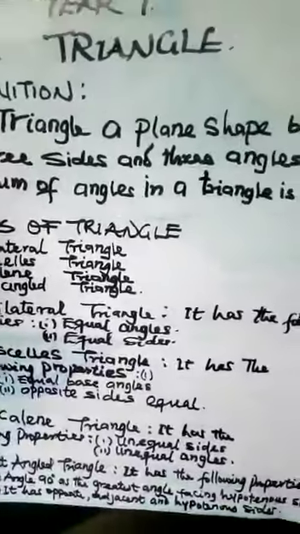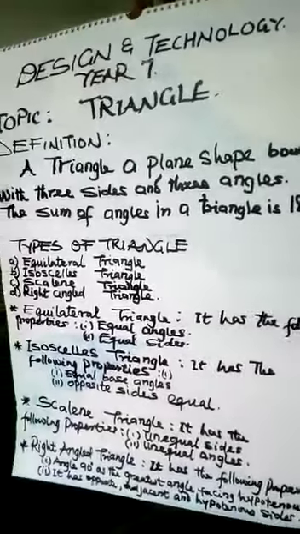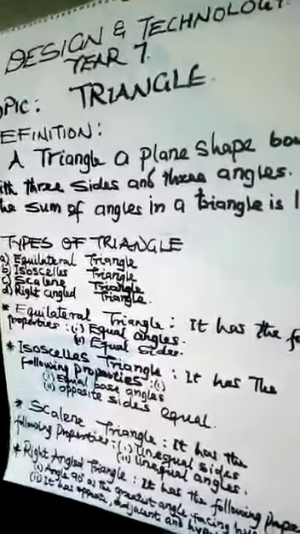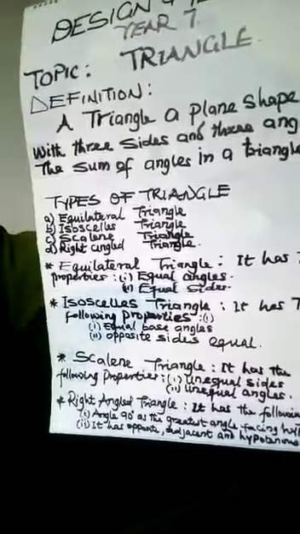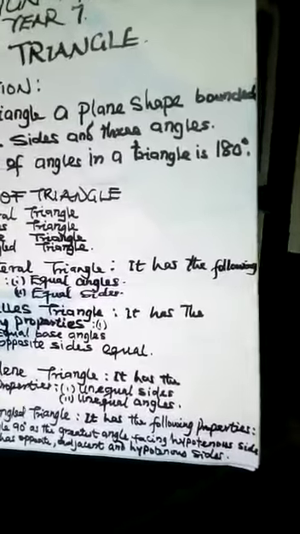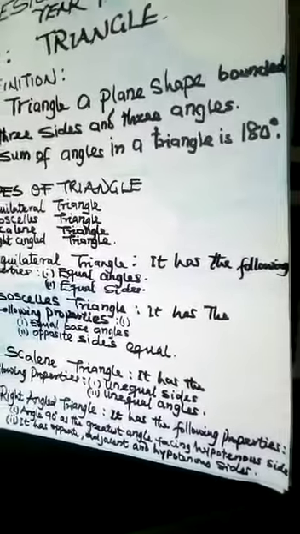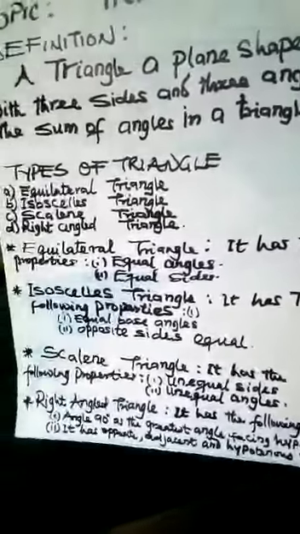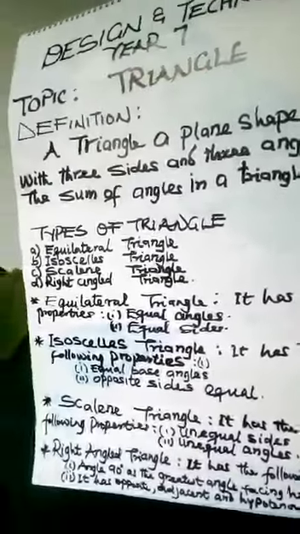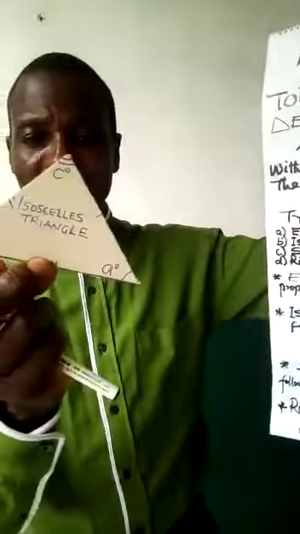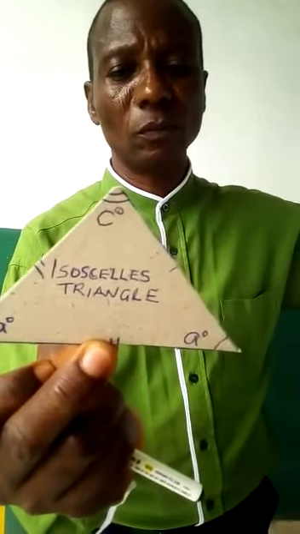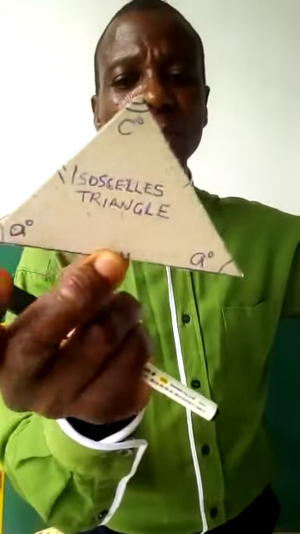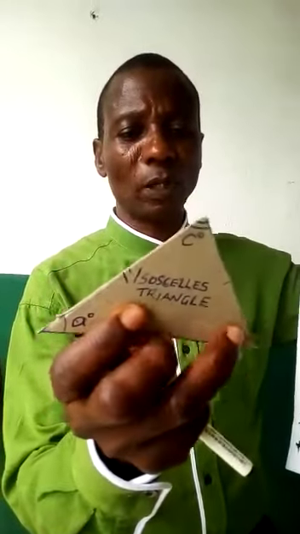Number two, we have the isosceles triangle. For an isosceles triangle, the two base angles are equal and the two opposite sides are equal. As you can see with me here, this is the shape of an isosceles triangle. You see the base angle, this one I'm touching.